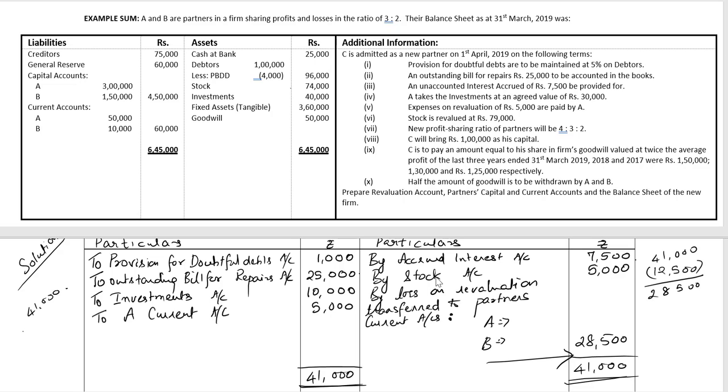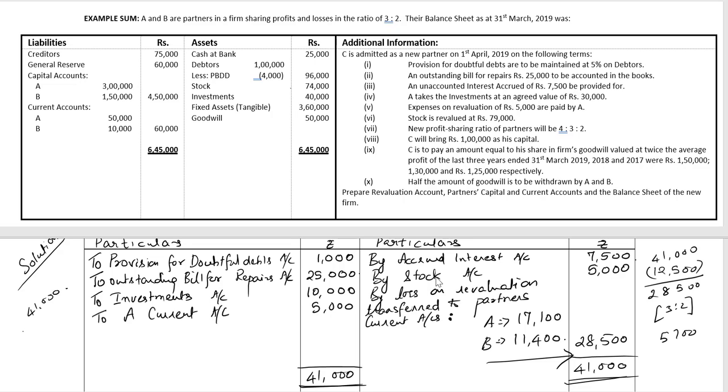The OPSR is 3:2. 17,100 rupees against A and 11,400 rupees against B's current account. So this is a revaluation account which has been prepared by us.